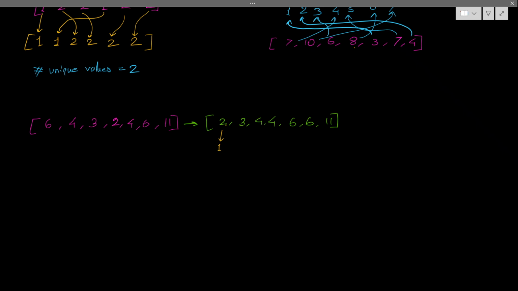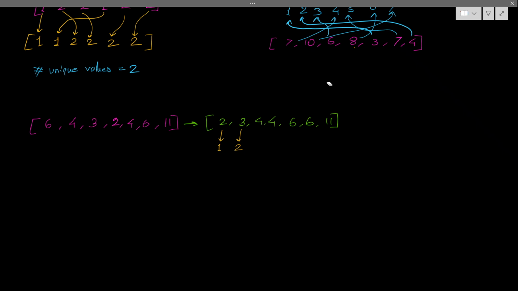So 3 I can convert into 2, the previous element plus 1. I will check the current element: if the difference is greater than 1, then I convert it. But if it is equal, I will not convert.